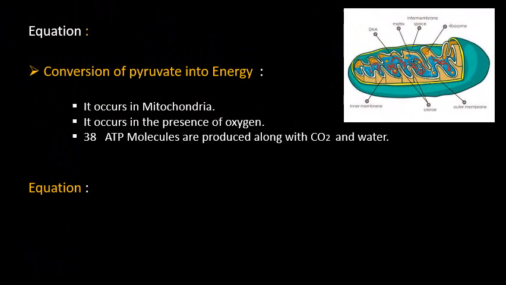Now let's see the equation that takes place in glycolysis. What's happening there? Glucose is converted into pyruvate. So the formula of glucose is C6H12O6. It gives pyruvate or pyruvic acid, CH3COCOOH. So this occurs in cytoplasm.